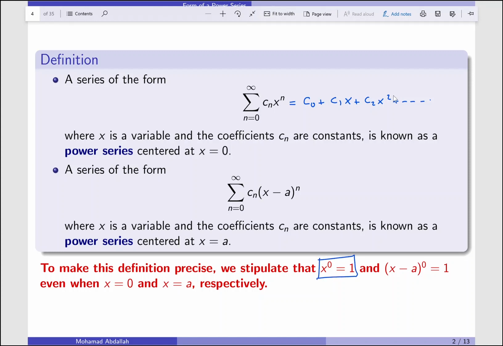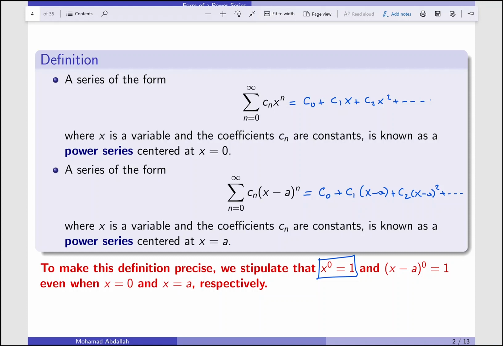So I can expand my series like this, and x minus a to the power 0 equals 1. That's always going to be c0 when n equals 0, then plus c1 times x minus a, plus c2 times x minus a squared, and this keeps going.